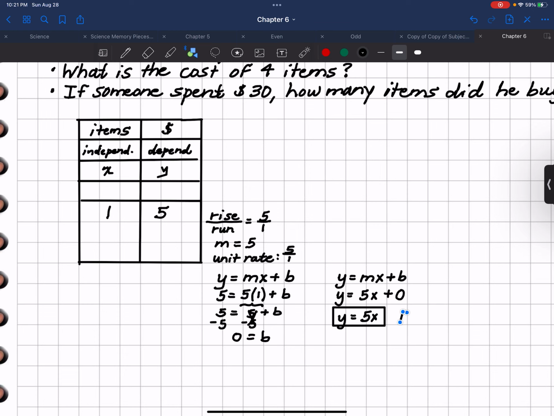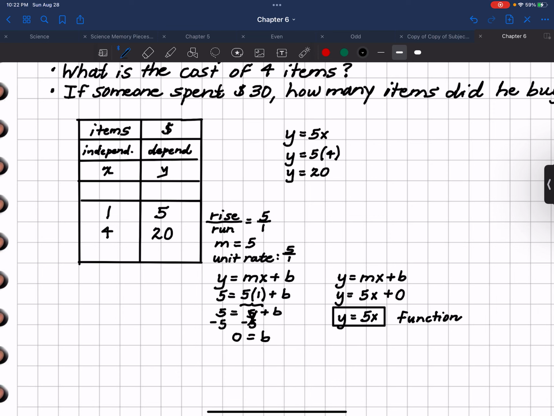Now, once you have that function, you can write any equation that you need to find a value. So, if y equals 5x, what if x is 4? So that would be 5 times 4 is 20. So if x is 4, y is 20.